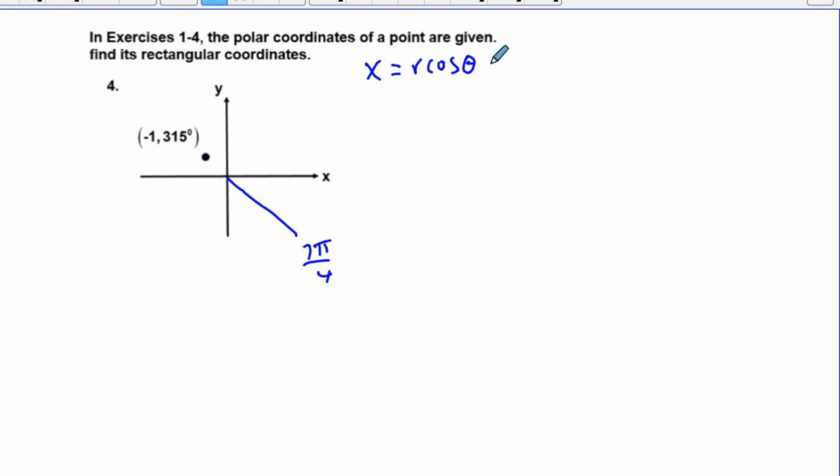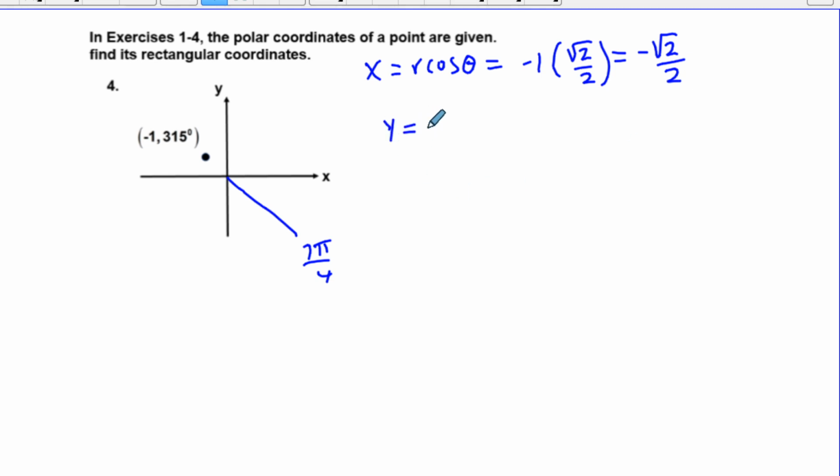So x equals -1 times square root of 2 over 2, which equals negative square root of 2 over 2. So that is our x coordinate.